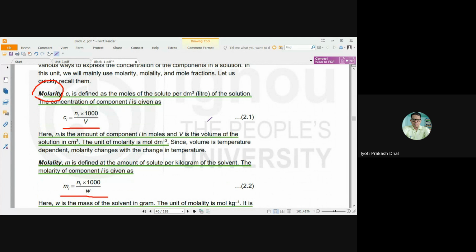The concentration of component i is given as Ci equals Ni into 1000 divided by V. Here V is the volume of the solution in ml or cm cube, and Ni is the number of moles of the ith component. Hence the unit of molarity is moles per liter or moles per decimeter cube.